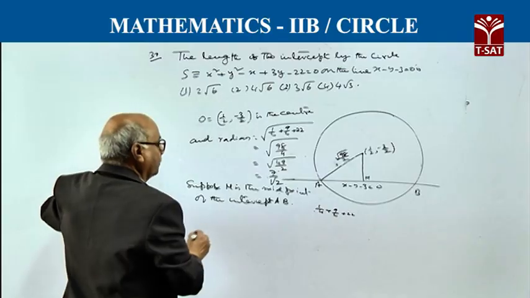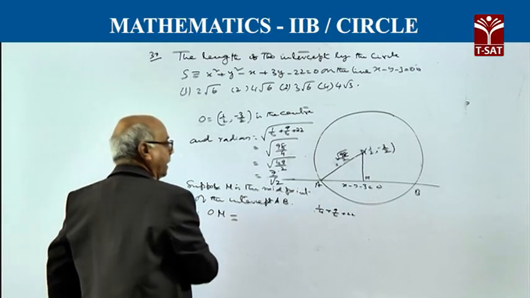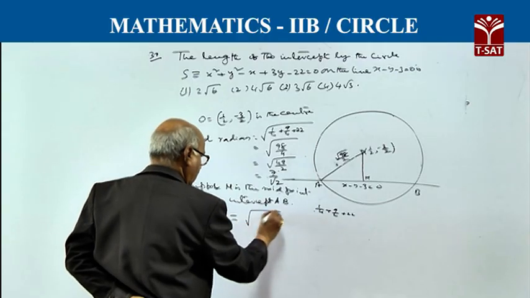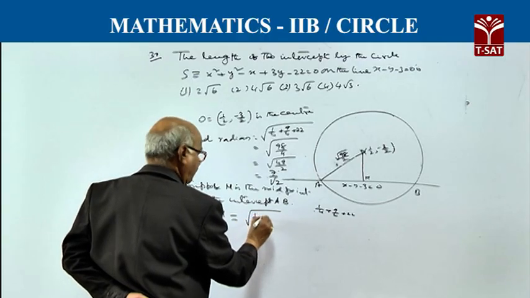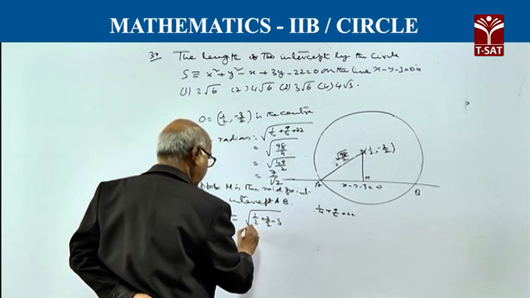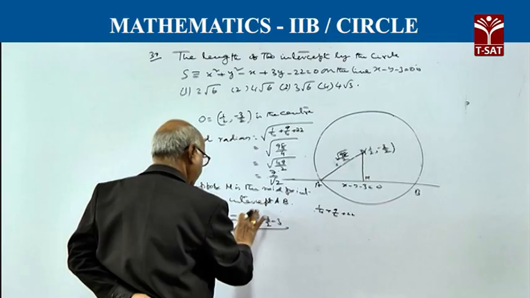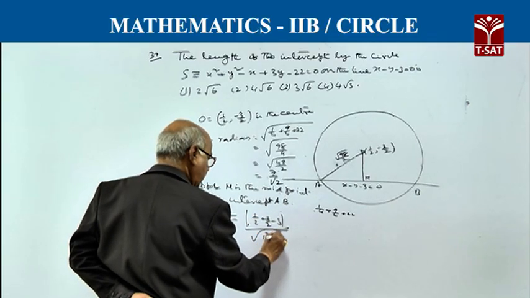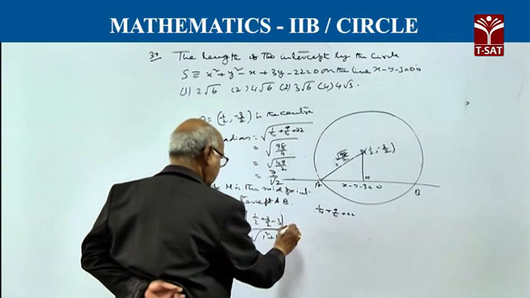So therefore, OM is equal to modulus of 1 by 2 plus 3 by 2 minus 3 by square root of 1 square plus 1 square.